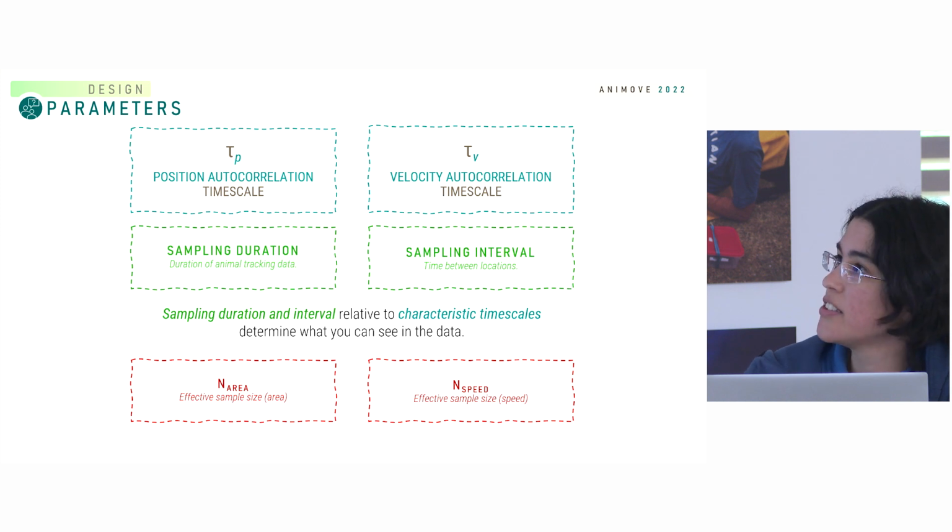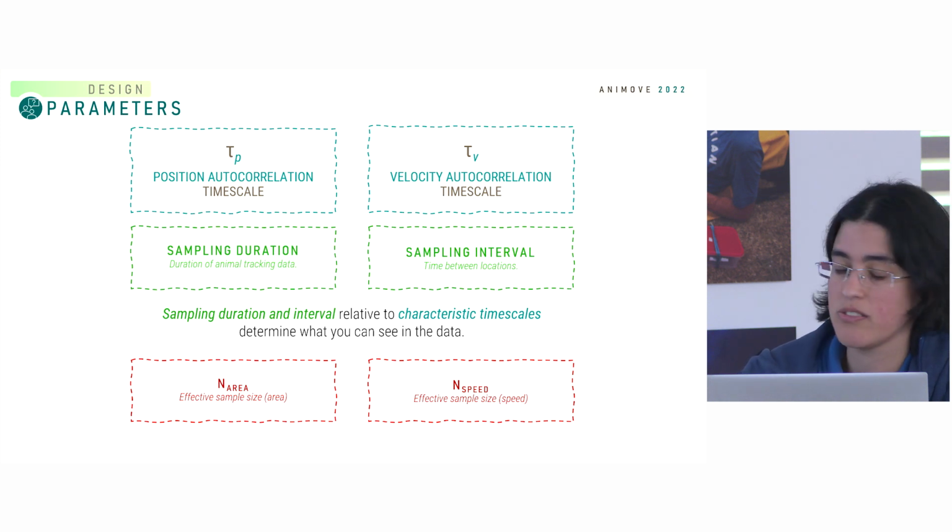So we know that this is all related: the sampling duration and interval relative to the characteristic timescales, the positional autocorrelation and the velocity autocorrelation, determine what we see in the data, the effective sample size of area and the effective sample size of speed.